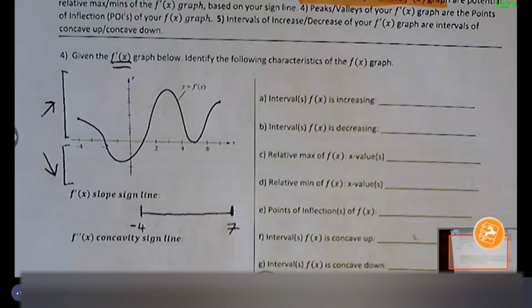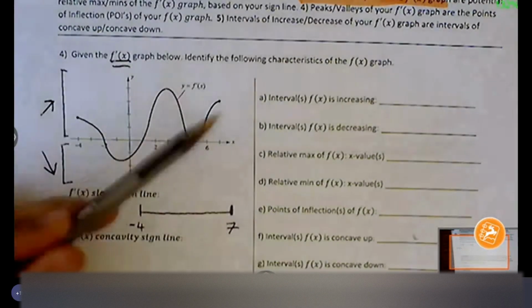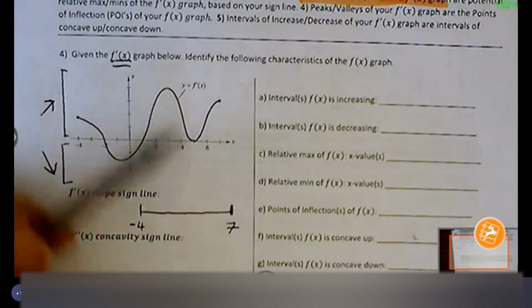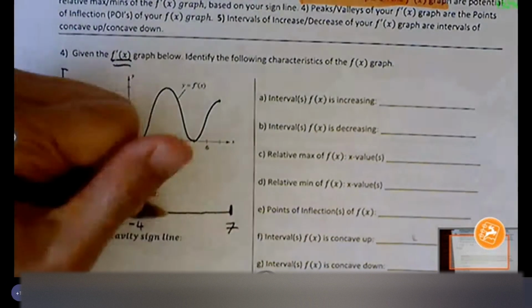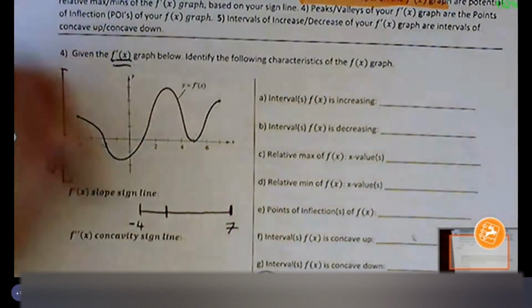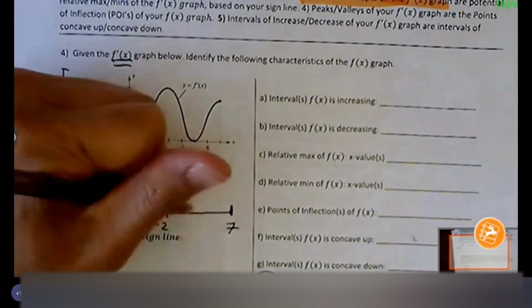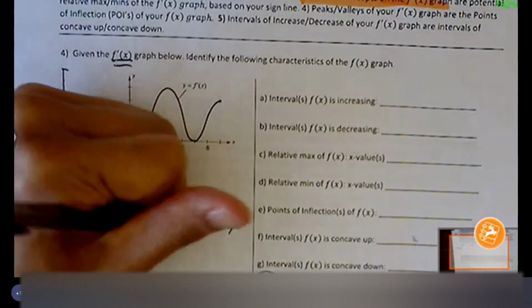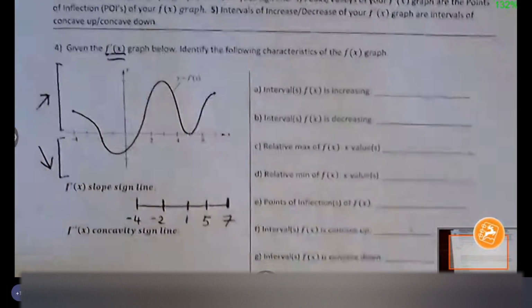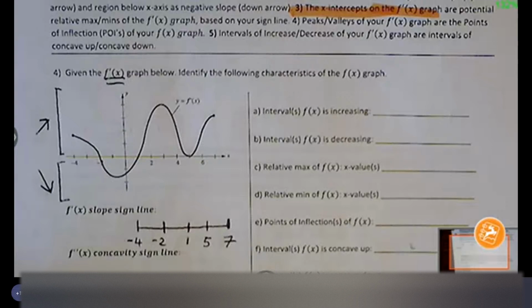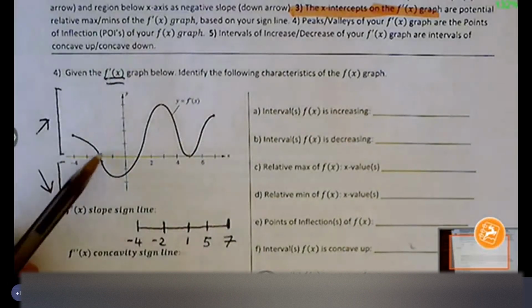Slope 0 in terms of the value, not in terms of the actual slope; we can't pick those values out, that's something else. So -2, 1 and 5. All right, so we identify these x-intercepts.